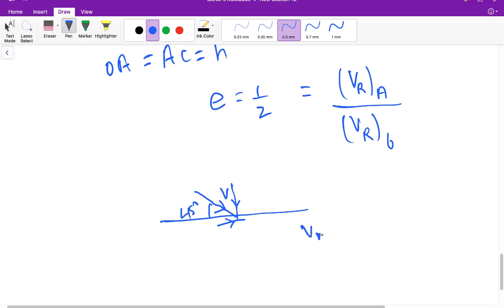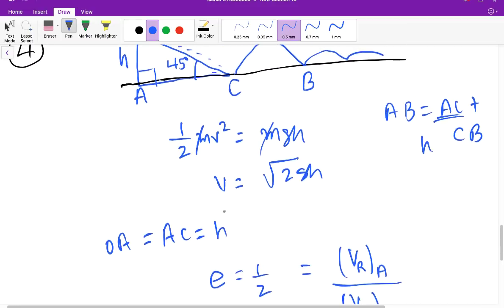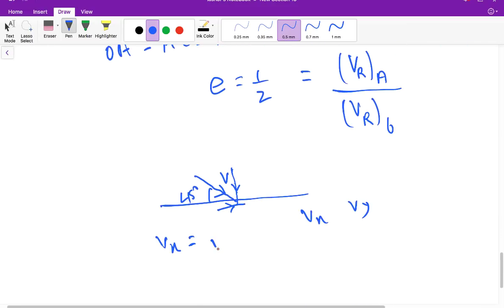Let's call them Vx and Vy. So Vx is basically root 2gh cos 45 degrees, so that is root gh, and Vy is also root gh.